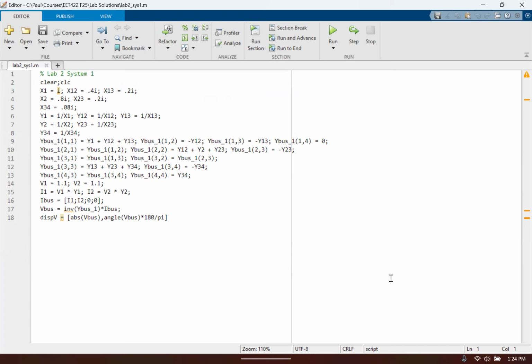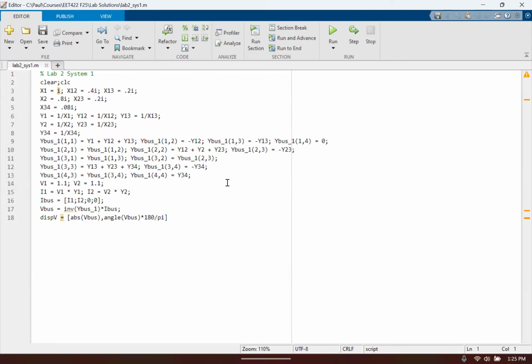Those are just the actual impedance values. I call them I, but you can certainly call them J if you want. It's totally up to you. The reason why I call them I in here is if you use the term I, you can just go 4I or 0.4I. MATLAB is smart enough to know that you put the number out front, it knows to multiply it. So it just makes it a little bit more efficient when you write it. But that's it. That's all I had to do.